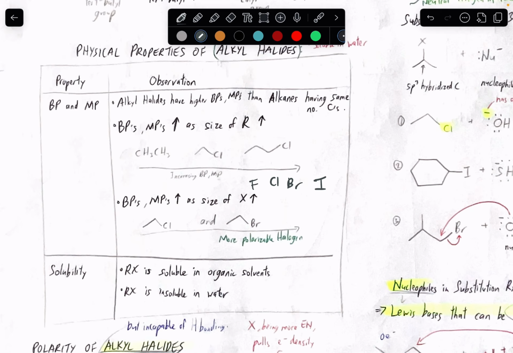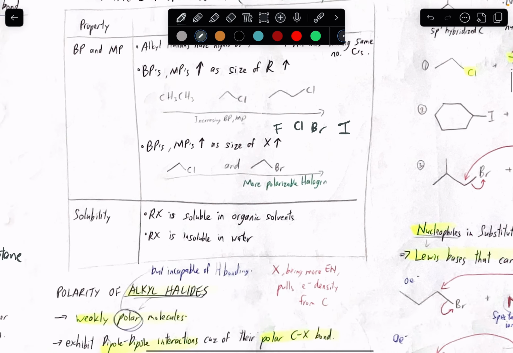Okay. The explanation is pretty complicated. It's not straightforward, but since we all know that iodine is bigger compared to fluorine, when we say more polarizable, that basically means iodine is a larger atom with more loosely held electrons. So it's easier to distort its electron cloud and induce a temporary dipole. Is there an easier definition for this?